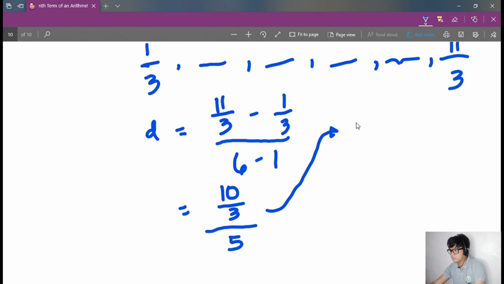So D is equal to 10 over 3 times, since this is division, we take the reciprocal of 5. The reciprocal of 5, understood to have a denominator of 1, is 1 over 5.